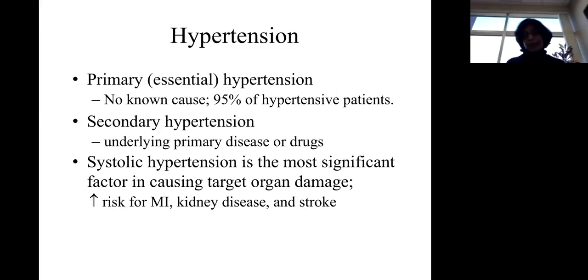So urine output is less and fluid backs up in the blood, and too much blood, increased volume, increased blood pressure. We know that relationship already. So that's how you think about secondary hypertension. All right, good. So whether it is primary or secondary hypertension, the consequences are still the same.